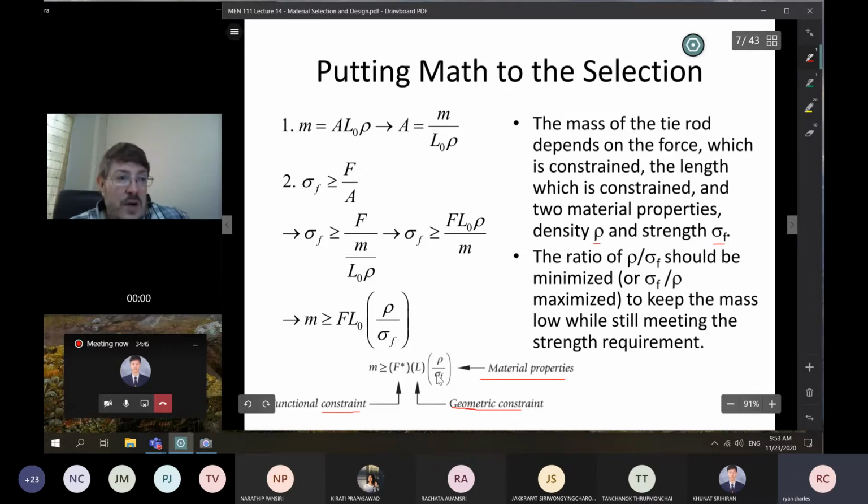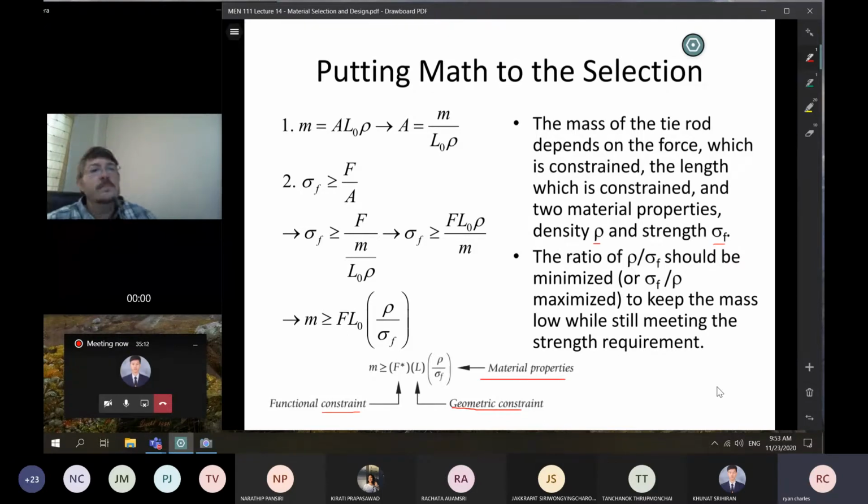So we'd want to minimize this term, which means we'd have a material with a very low density and a very high strength. That's how you get that less than 1, very low density divided by very high strength. We wouldn't want high density and low strength. That would be stupid. We wouldn't use lead. That'd be a very poor choice.